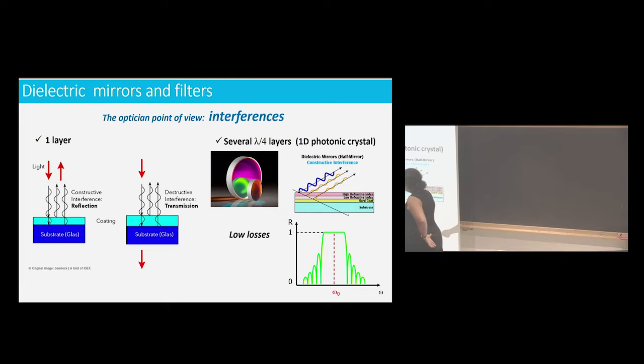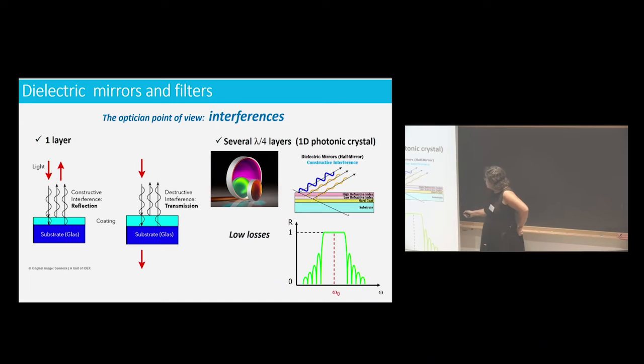So if you design well the thickness, the optical thickness of your layer, you can be in the case for which you have constructive interference, and that means that you have reflection of your system. On the opposite, if you choose another thickness of your coating, you can have destructive interference. In that case, you have transmission. So this is a general way to understand what dielectric mirrors are.